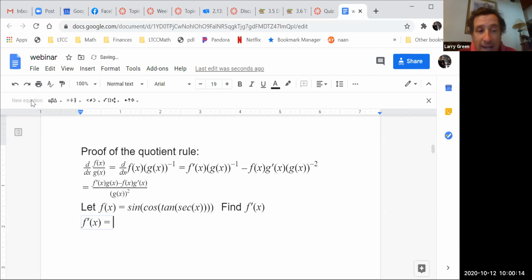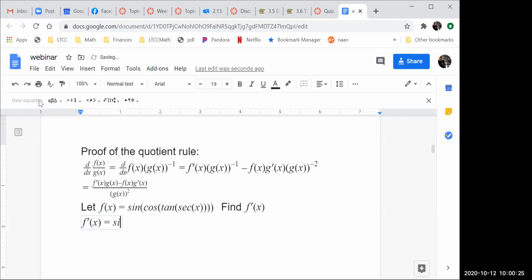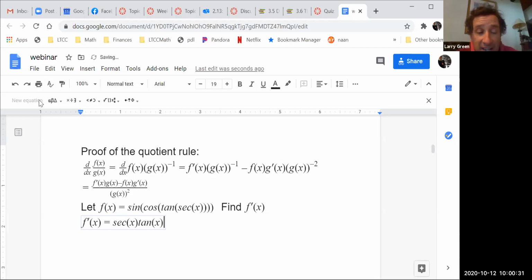So f prime of x is equal to, well, what's the derivative of the inside? What's the derivative of the secant of x? Secant x times tangent x. Good, secant of x tangent of x. Then times the derivative of the tangent.